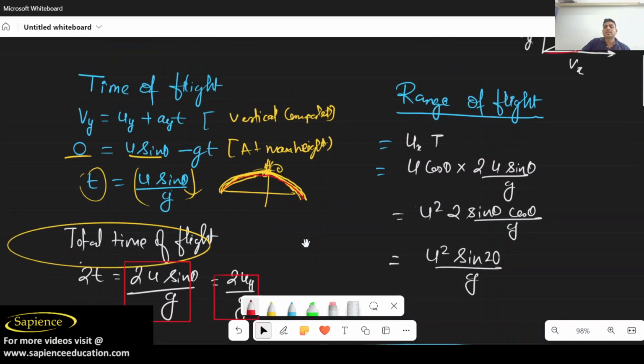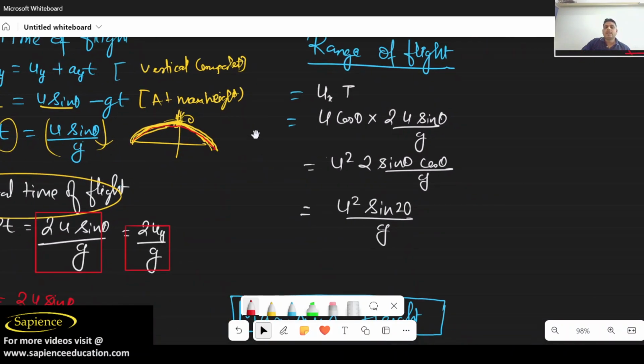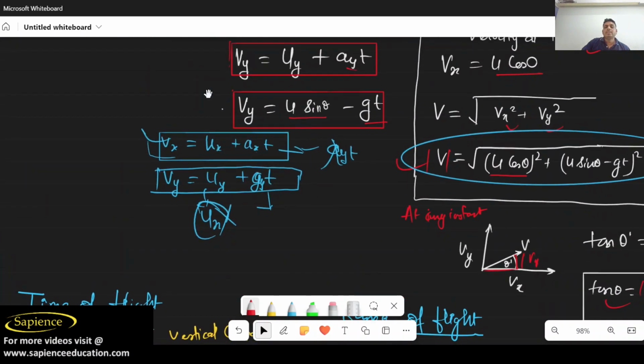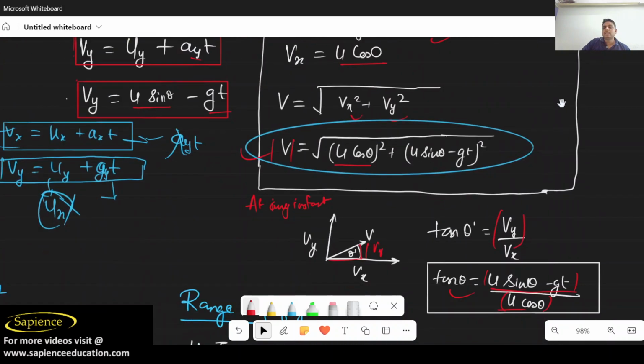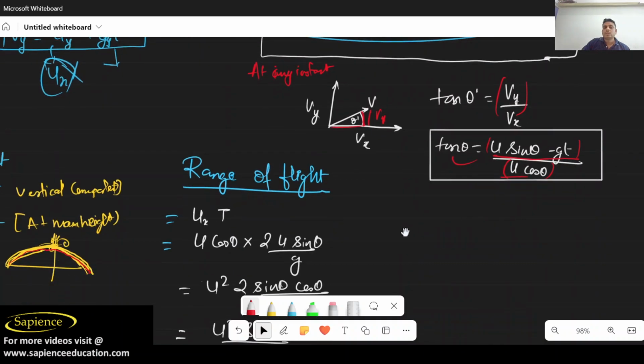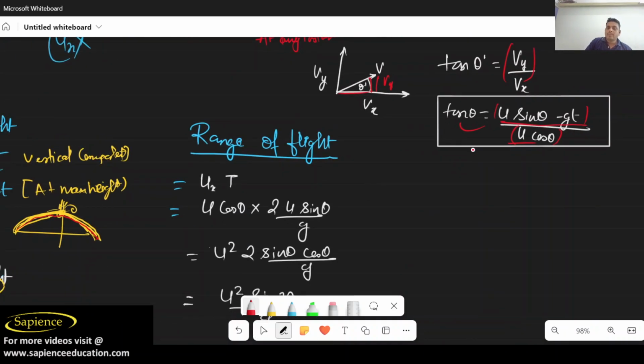Now let us consider the range of the flight. What is the range? The total distance traveled in the horizontal direction is known as range. So how will you find range? For the horizontal direction, which velocity is responsible?